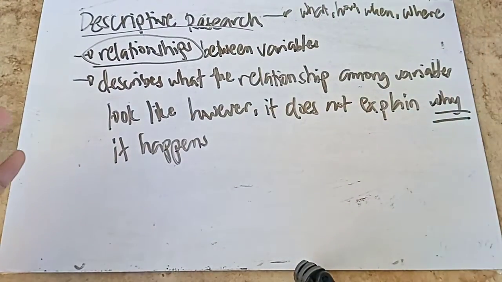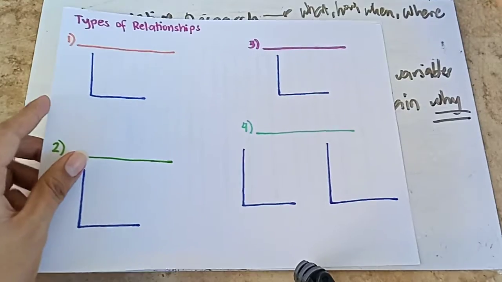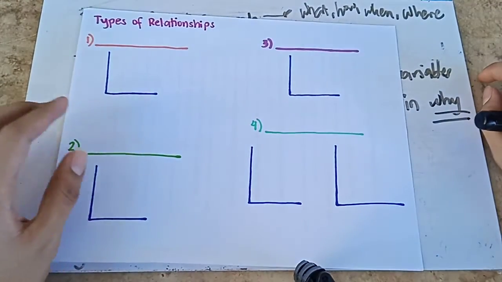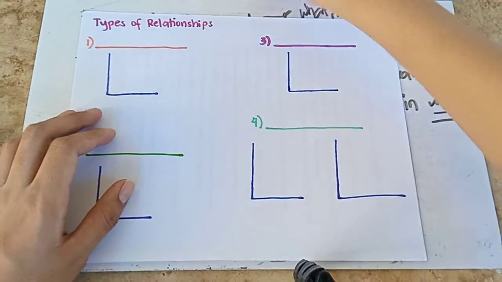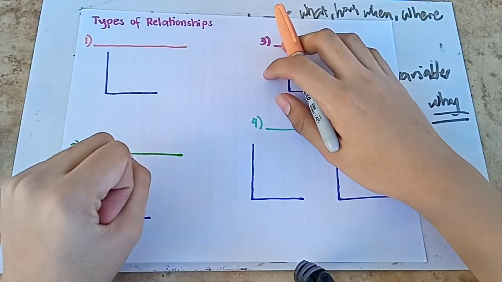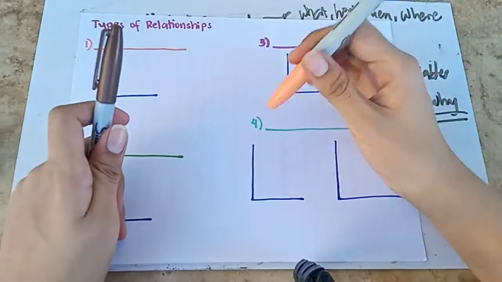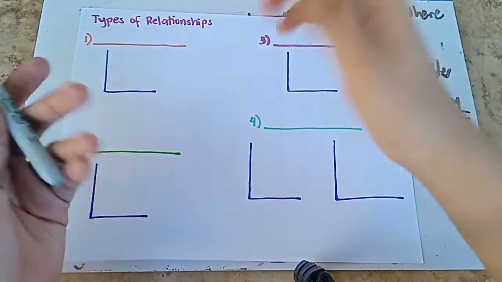So to discuss the different relationships, we have to discuss its different types. So let us try to explain it or elaborate it more.